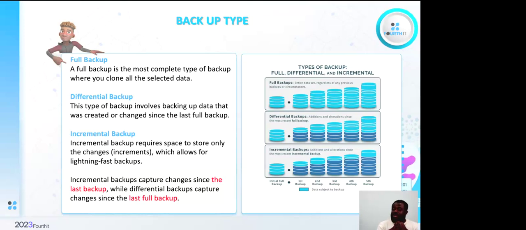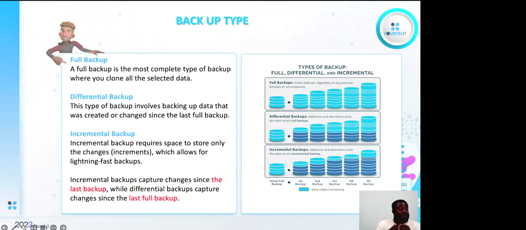And this reduces the amount of data that we transfer or store compared to a full backup, while still providing a comprehensive snapshot of the recent changes. The differential is faster and requires less storage than a full backup.